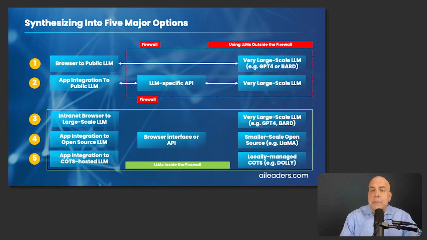The other three options are all inside the firewall. That's what you see enumerated here in 3, 4, and 5, inside the green box. So using our proprietary network, our intranet, if you will, we instance one of the very large LLMs.